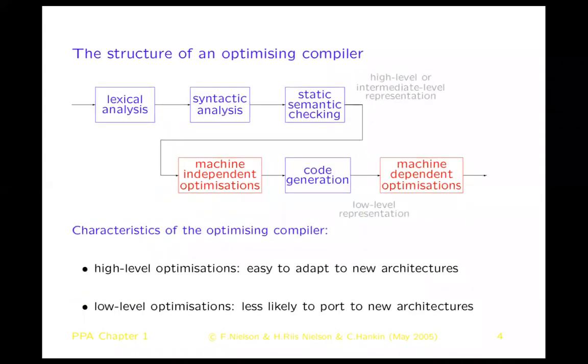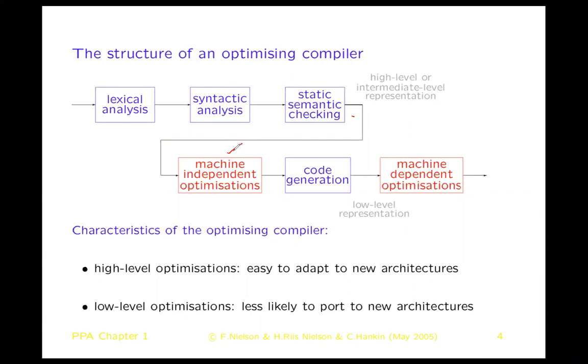One important thing which I didn't highlight in this slide is that there are two kinds of optimizations possible. One kind is called machine-independent optimizations.